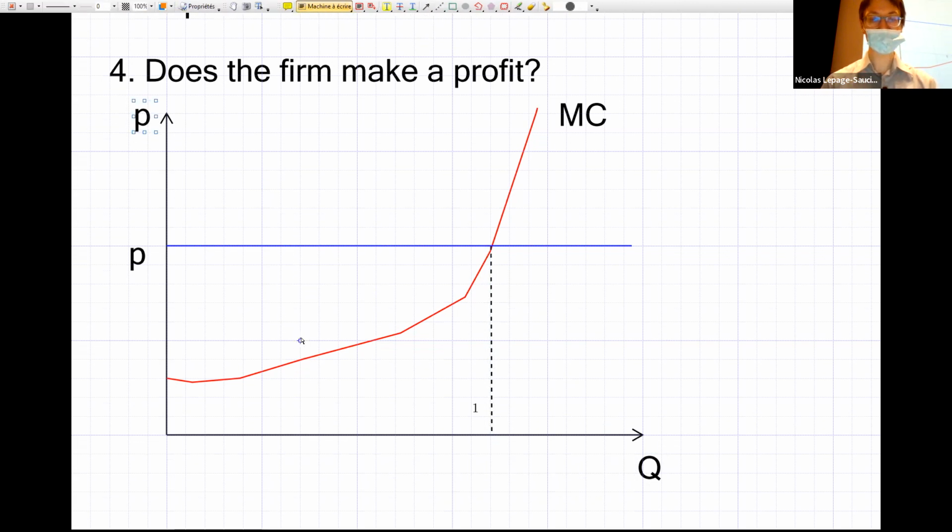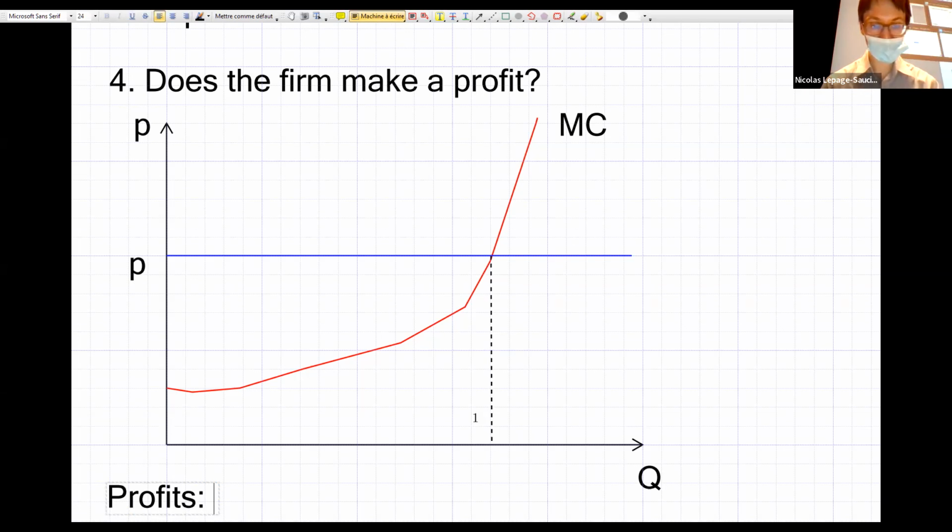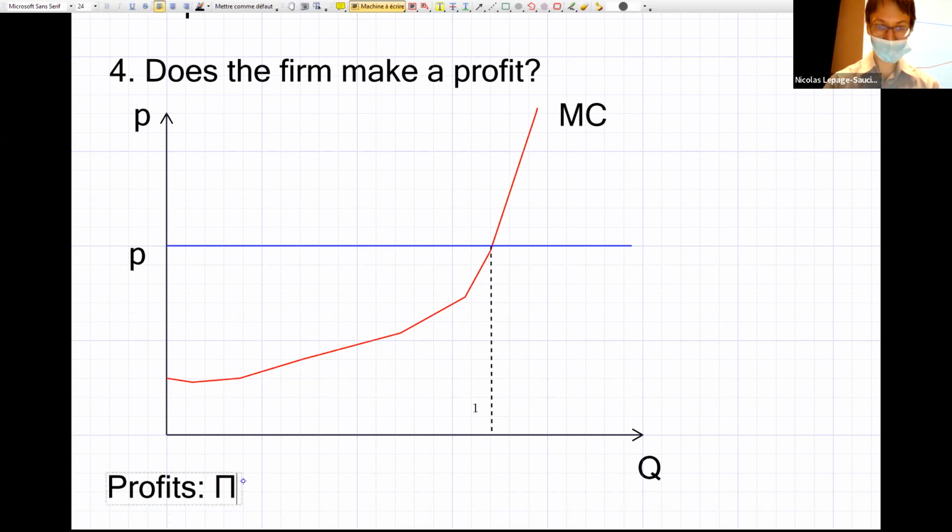And then let's go back to profit. So profit is price times quantity minus total cost. And let's do the same trick as we did last time.